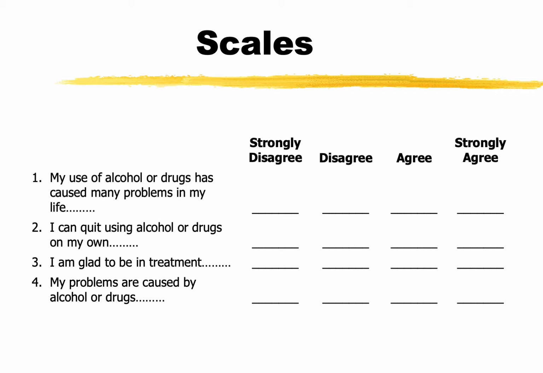If we consider a person who is showing high readiness to seek drug treatment, then we could assume that he or she would answer items 1, 2, and 4 in the agree and strongly agree direction, and would answer item 2 in the strongly disagree or disagree direction.